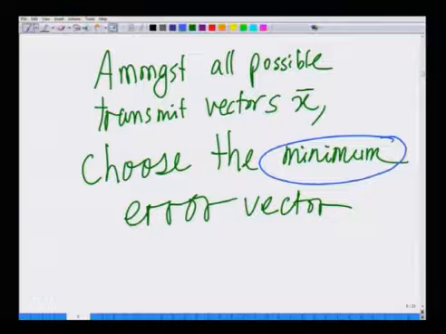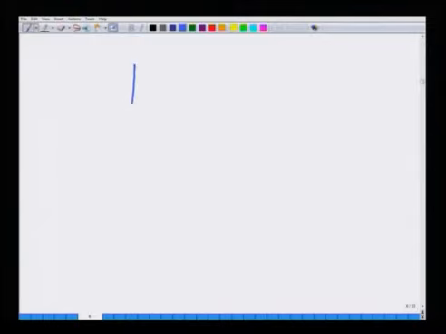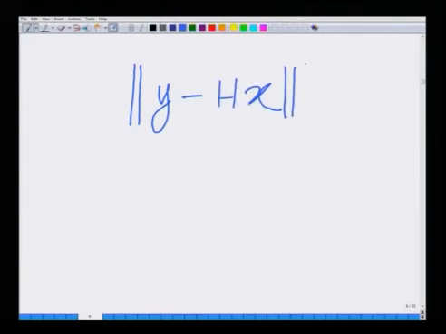So, how do we choose the minimum error vector? Remember, the error is nothing but the norm of the error.